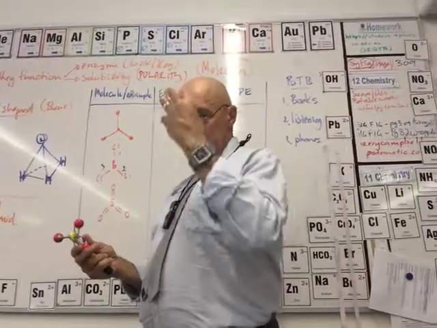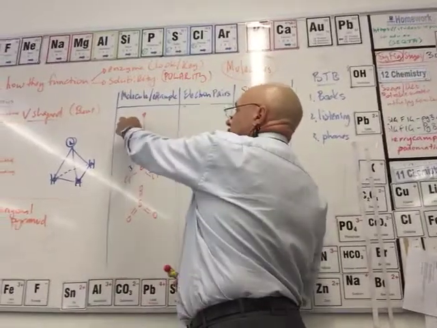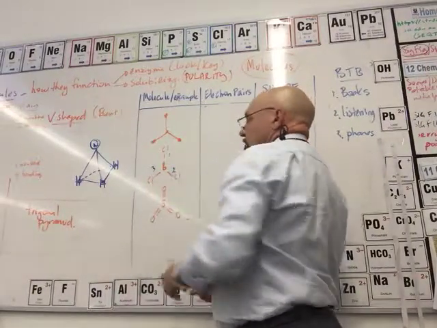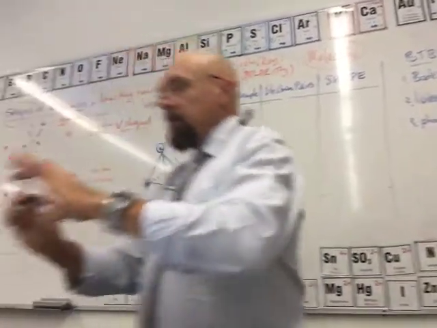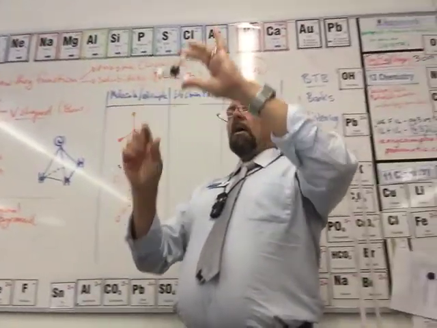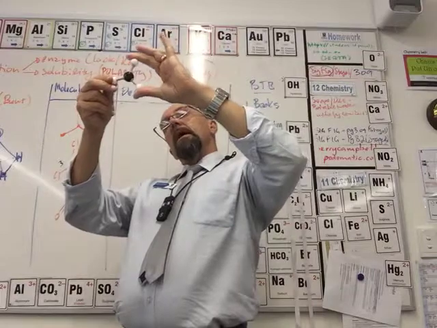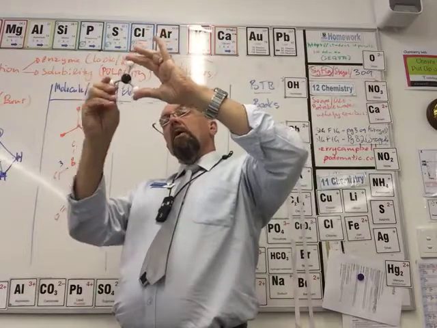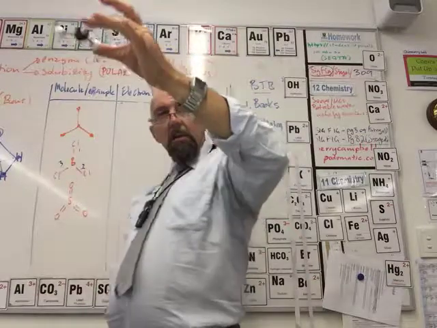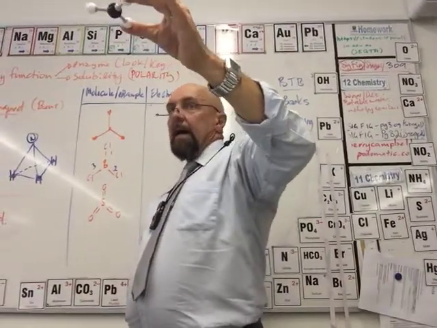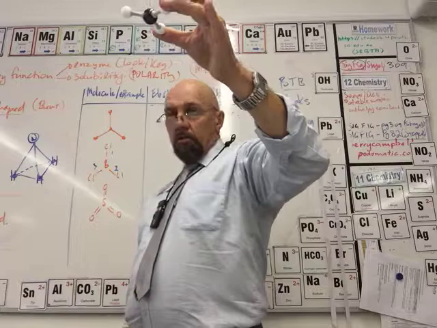But there's 3 groups. Just so happens this is a single bond group. This is a double bond group. So if we've got 3 of them, hopefully you can work out that they're going to repel, and if these 2 are close, they're going to repel apart. If these 2 are close, they're going to repel apart. But you notice the molecule is absolutely flat. It has to be flat, can't be anything else.